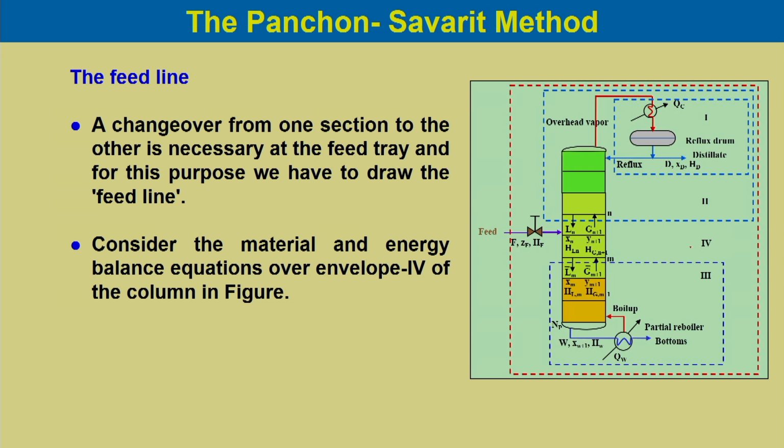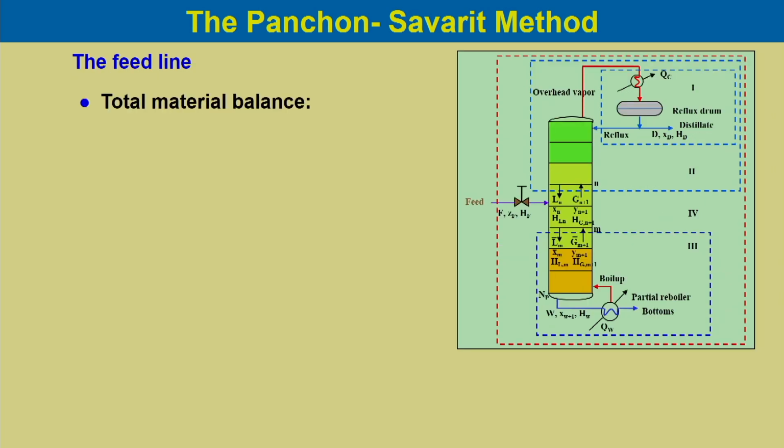So, this is envelope 4, that is the red border envelope, the whole envelope which is shown over here in this column. So, if we do the total material balance, it would be F, which is feed coming over here, would be D, distillate which is taken out at the top, and bottoms which is W over here having composition XW.